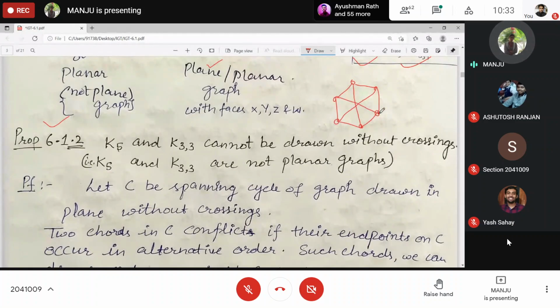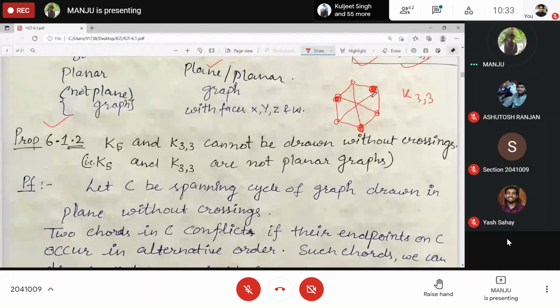Is this K33? This one, independent of this vertex, independent of this vertex. Okay? So this is your K33. Why can we not draw this as a plane part?